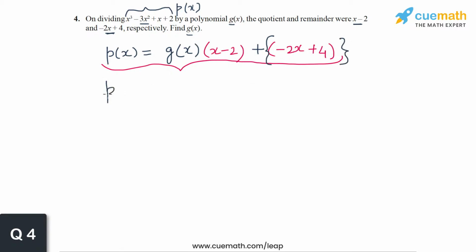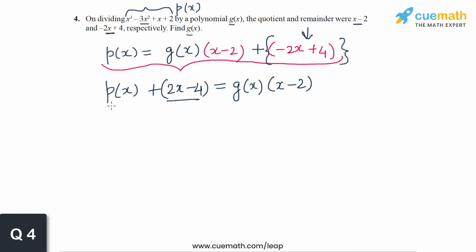So that gives us p(x) plus 2x minus 4, which is the inverted version of minus 2x plus 4, is equal to g(x) times x minus 2. So essentially what we have to do is add 2x minus 4 to p(x) and divide this by x minus 2, and that will give us g(x).